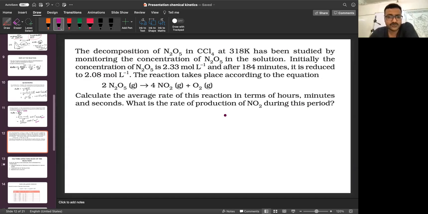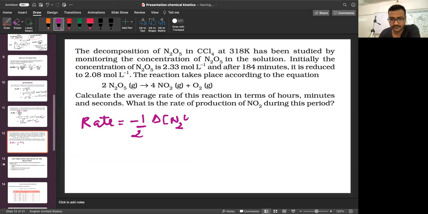Okay, and since you have calculated the rate of reaction using N2O5, you can calculate the production of NO2. This rate of reaction will be equal to minus 1 by 2 delta of concentration of N2O5 divided by delta T, the first equation.